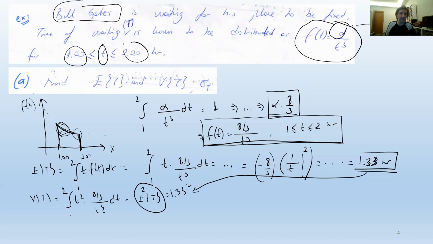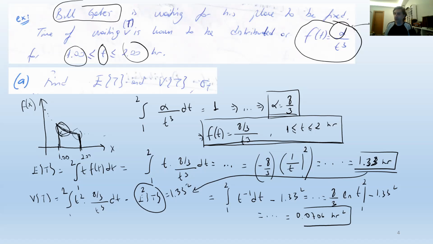So there is one integral here: the integral of 2t to the power minus 1 dt minus 1.33 squared. Again skipping a couple of steps, it's going to be ln t. Please go over your notes about integrals if you have forgotten how to take the integral of 1 over t. I'm sorry, this is going to be minus. And after a couple of steps, we end up with 0.076 hours squared.